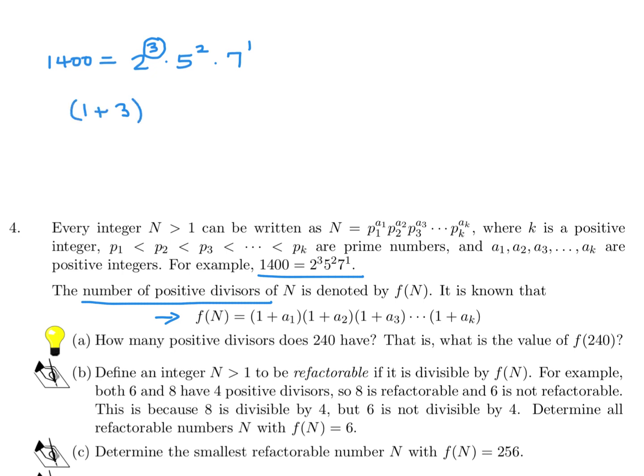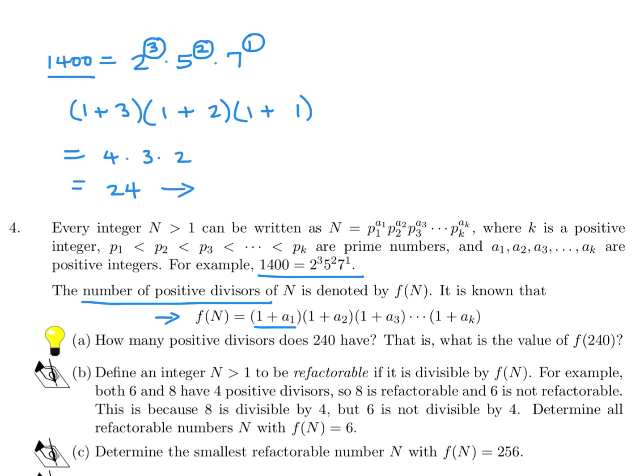They're putting the 1 first, interestingly, that's fine. And then you take the next exponent and add 1. And then you take that one, and you add 1 to it. And then you multiply them all. And this is going to be 4 times 3 times 2. And if my math is good, that's 6 times 4, which is 24. Okay, hopefully that's right. And what that means is that there's 24 divisors of this.